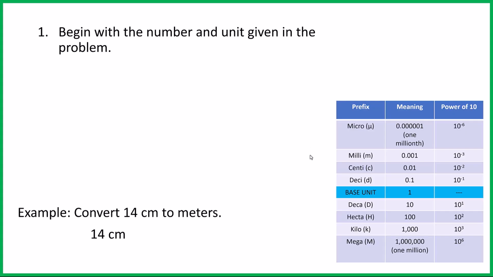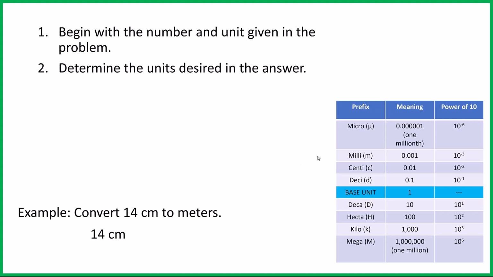So for example, if we are solving a problem that says convert 14 centimeters to meters, because let's say one published study was discussing measurements from their experiment in meters, and if you measured in centimeters, we need to be able to compare to that other published study. So if we needed to convert from centimeters to meters, we're going to begin in step 1 with the number and the unit given in the problem. So the given number and unit is 14 centimeters.